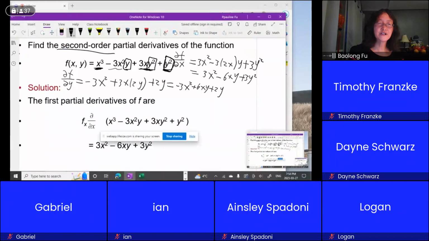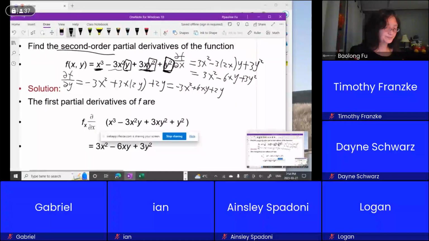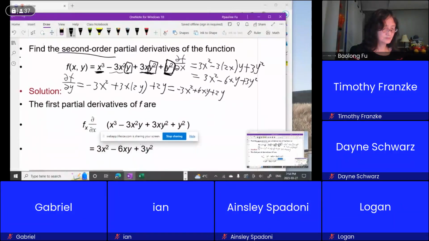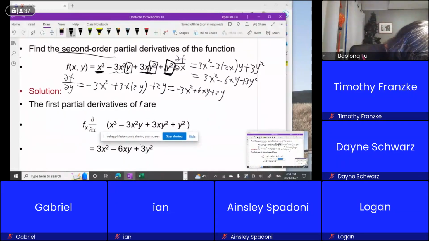The second order means, let me double check the notation.